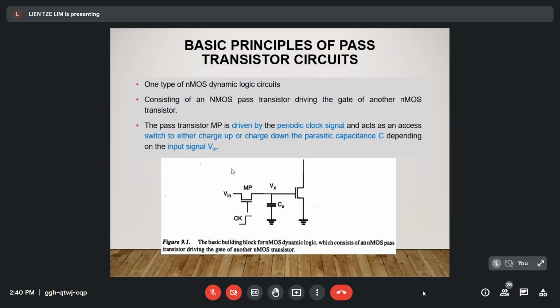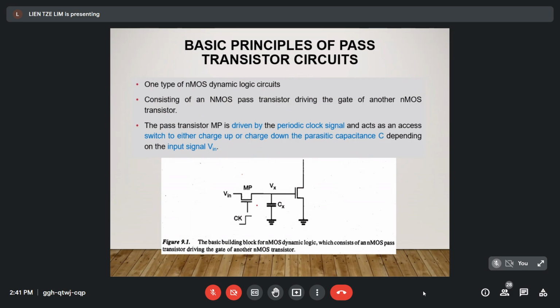There is one type of NMOS dynamic logic circuit, in figure 9.1. It consists of an NMOS pass transistor driving the gate of another NMOS transistor. If you refer to figure 9.1, this figure is a dynamic logic circuit.